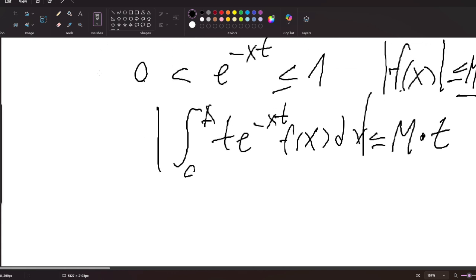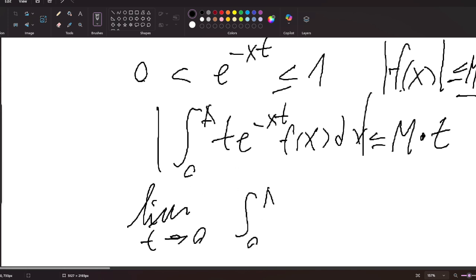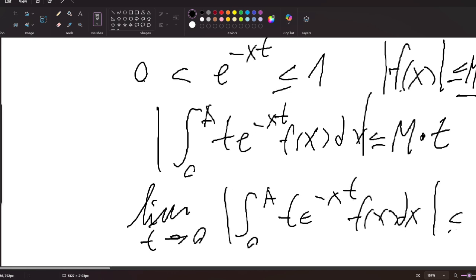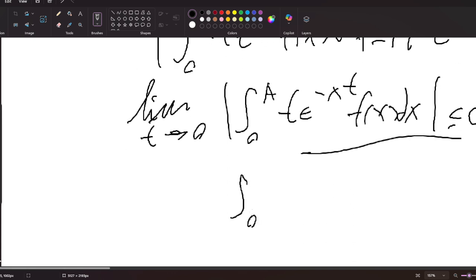And as we take the limit, t approaches 0, what we get is this thing over here. But absolutely that's less than or equal to 0, so it's going to be equal to 0.